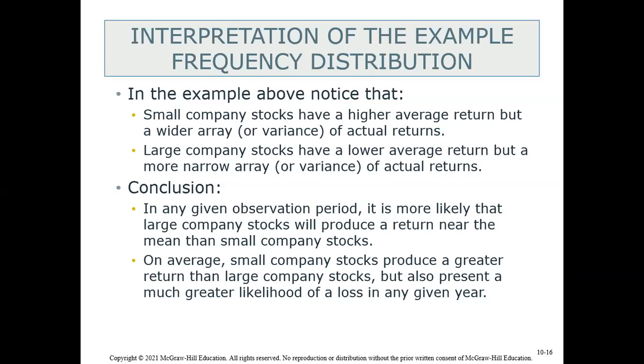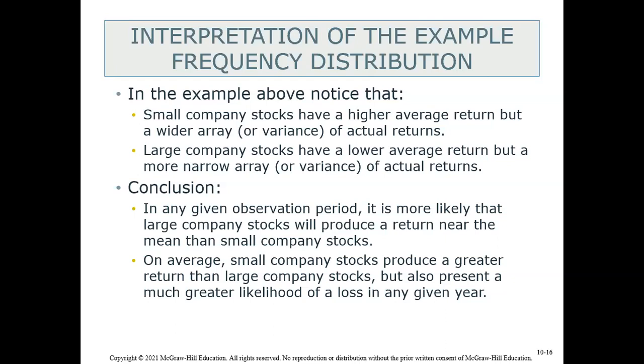So you can see the distribution. The returns are over a wide range, where if we look at large company stocks, it's a little bit smaller. They have a narrow array of variance of actual returns.